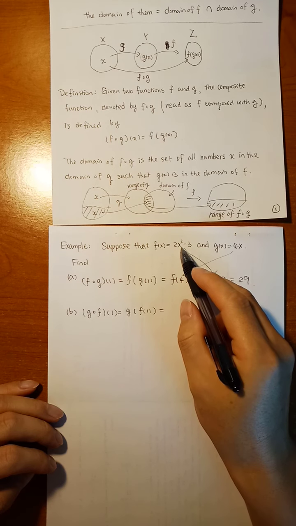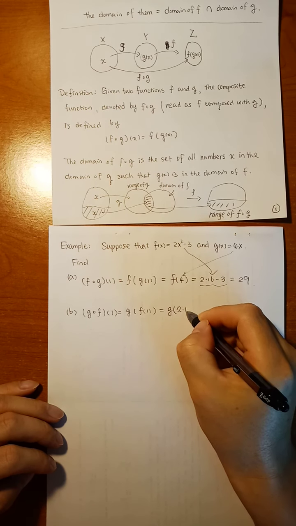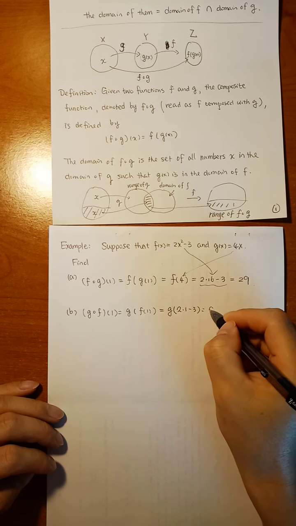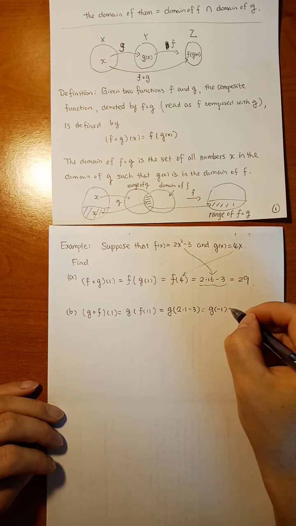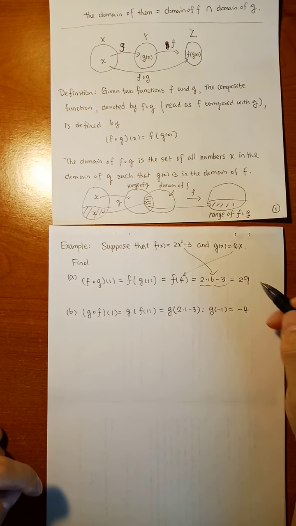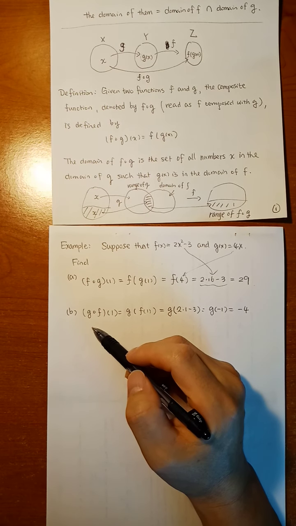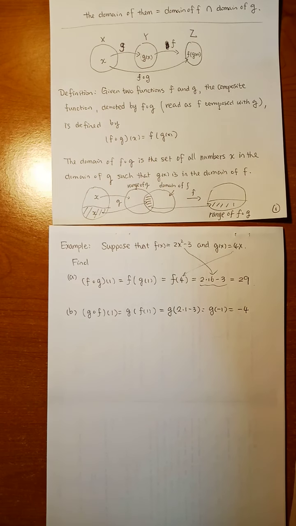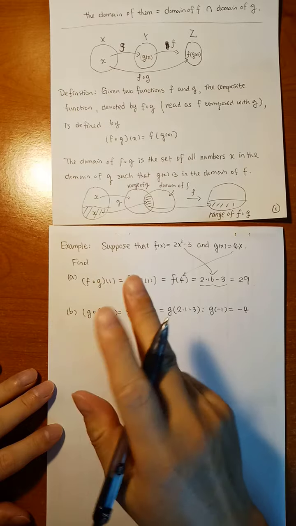F of 1 is 2 times 1 minus 3, which is negative 1, so g of negative 1, and g of negative 1 is negative 4. So from here you can see that f composed with g and g composed with f are totally different. They are not commutative. You cannot switch them.